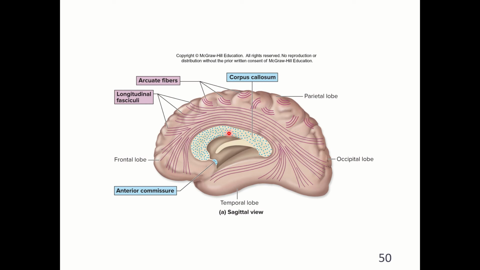This illustration shows the association tracts that are connecting different areas of the same hemisphere. This is how sensory information can integrate in the posterior association area.